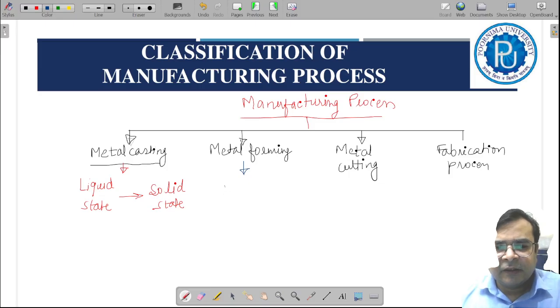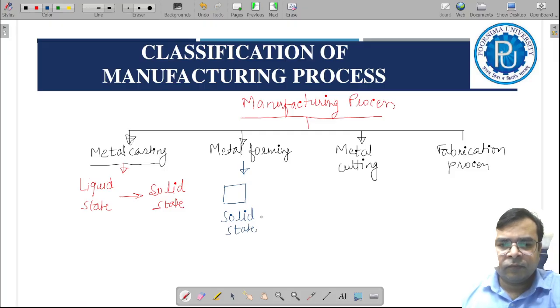In this, the material, solid material, let's suppose you have a solid material with a particular height and width and volume. So this is solid state, and it will be converted into another solid form, but its shape and size is different.